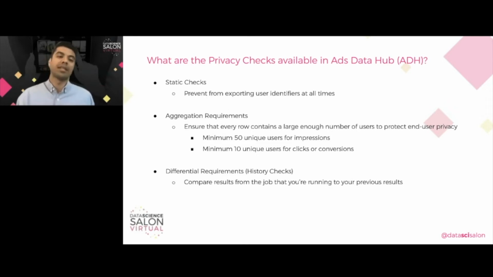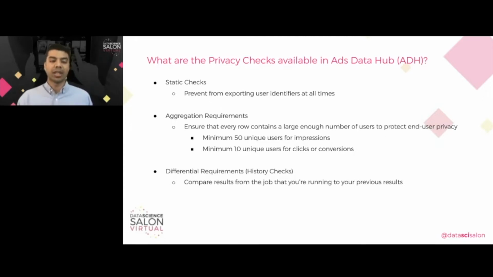And then there is a second aggregation requirement. The requirement says that there has to be a minimum of 50 unique users for impressions and a minimum of 10 unique users for clicks or conversions when I have to output the results. If it's less than 10, you will not be getting the results that you are expecting.